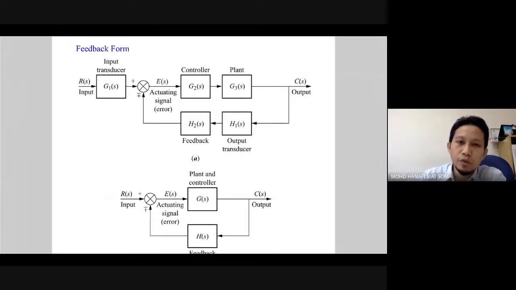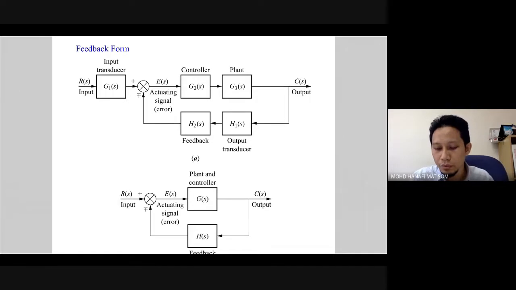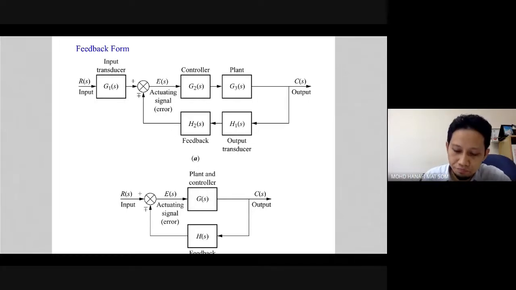Before we go to feedback form, I need you to really understand the cascade and the parallel form of the block diagram. In this case, we have the input R(s), and then a subsystem G1.